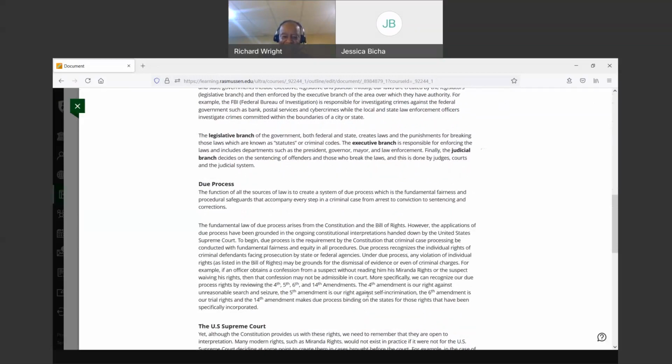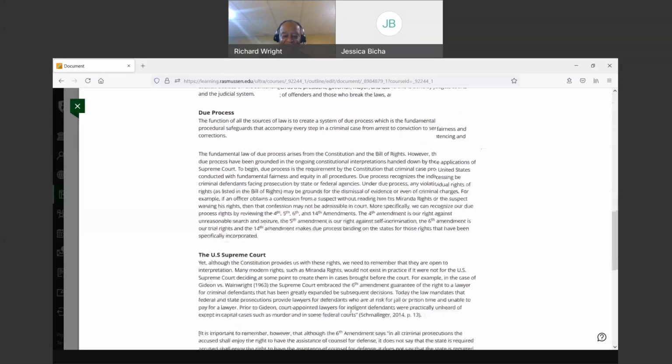And then I talked about how the Fourth is dealing with search and seizure. The Fifth is against self-incrimination. That Miranda case is the leading one. And the Sixth is our trial rights, such as the right to an attorney and the right to a speedy trial. And the 14th Amendment makes sure that the states provide due process rights so that you cannot just be sentenced, but you have a hearing.